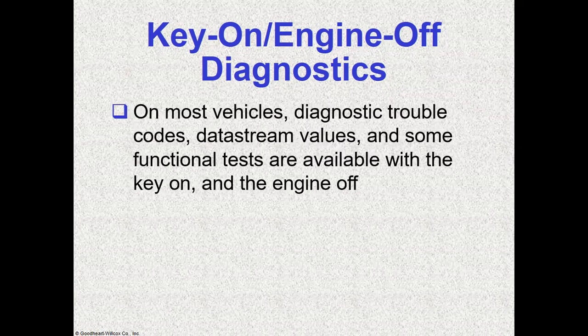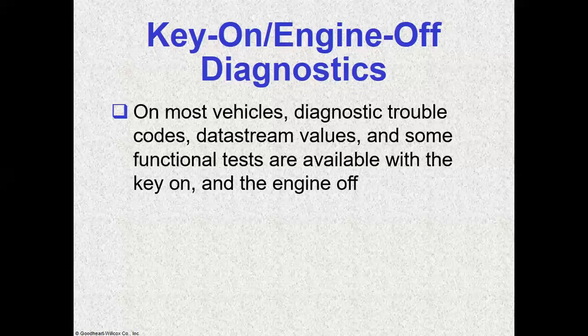On most vehicles, diagnostic trouble codes, data stream values, and some functional tests are available with the key on and the engine off. KOEO is what you'll probably see on the scan tool instead of the full writing out.